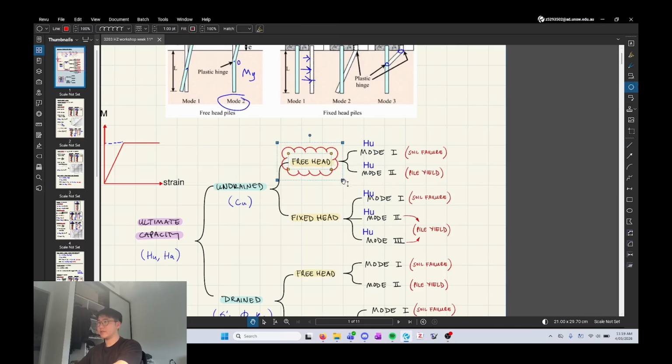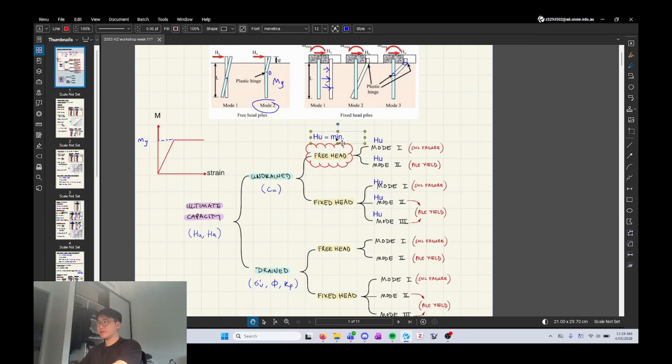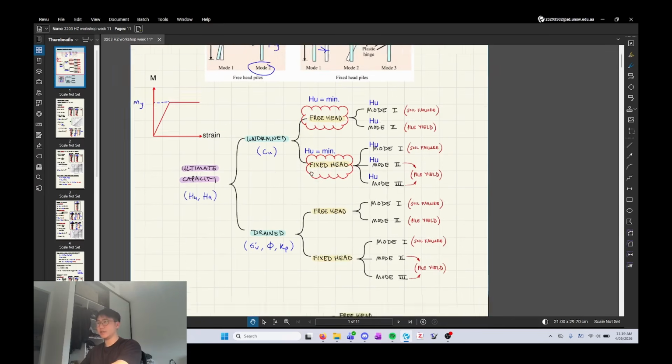So let's just say we're looking at the free head case, right? The idea is we need to check these two values, and then essentially what you end up taking is the minimum between these modes, okay? And the same goes for if you're looking instead at the fixed head case, right? You would check all three of these and then do some little checks at the end.